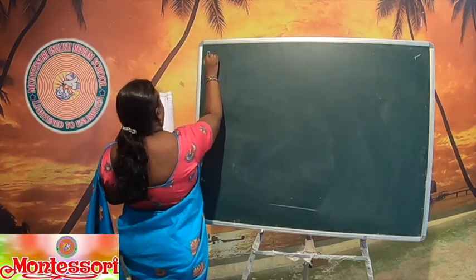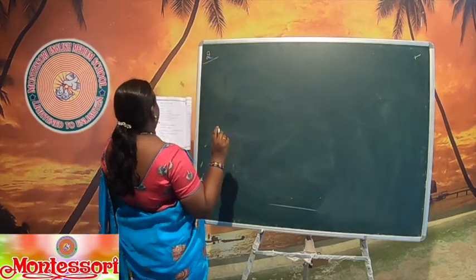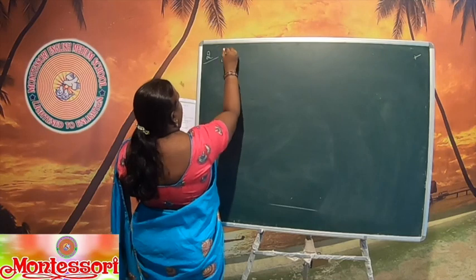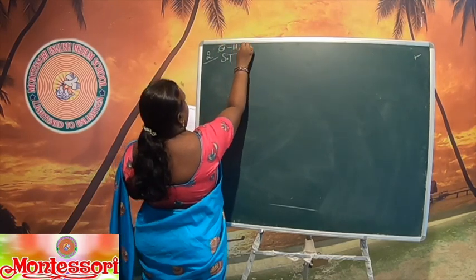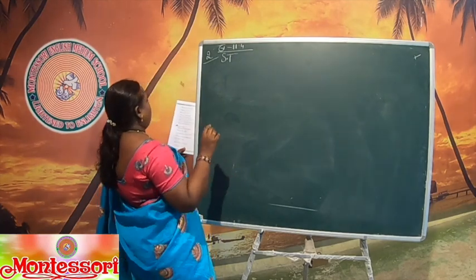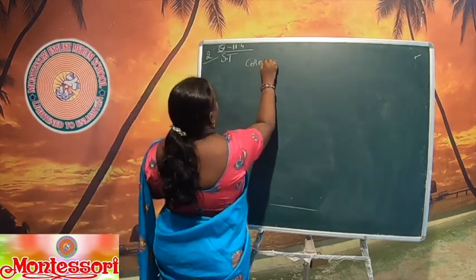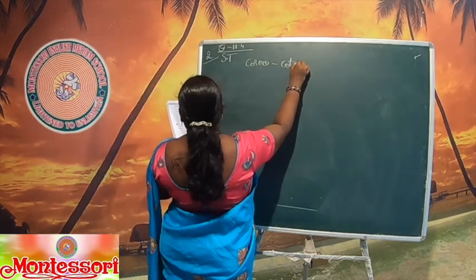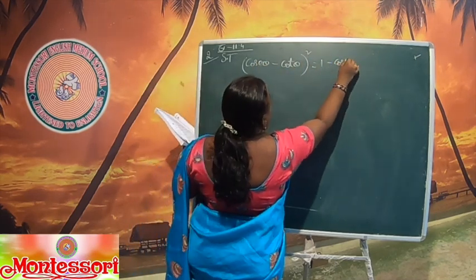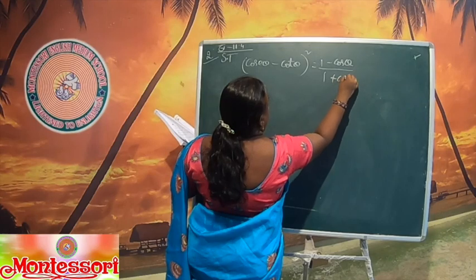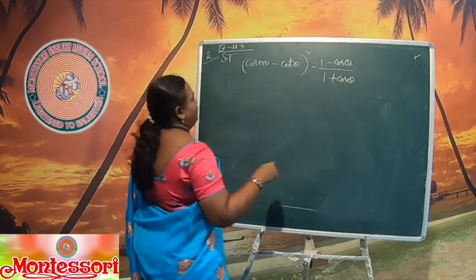So now the second sum. Show that (cosec theta minus cot theta) whole square is equal to (1 minus cos theta) by (1 plus cos theta).